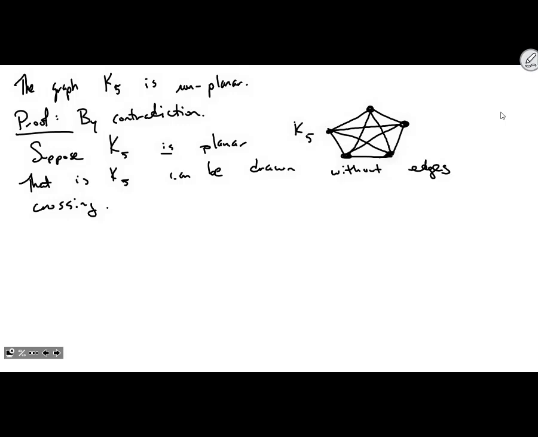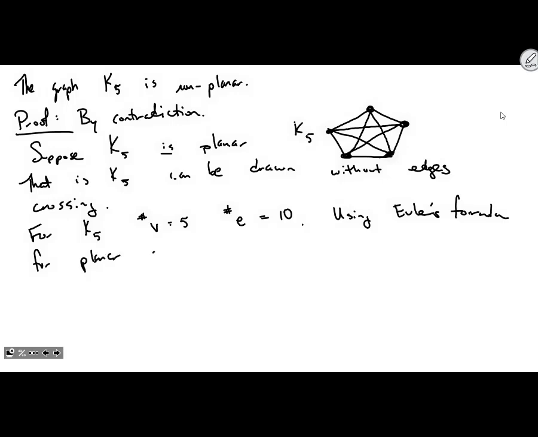Okay, well, for K5, the number of vertices is 5, and the number of edges is 10. Using Euler's formula for planar graphs, and I can do this because I am supposing that K5 is planar.